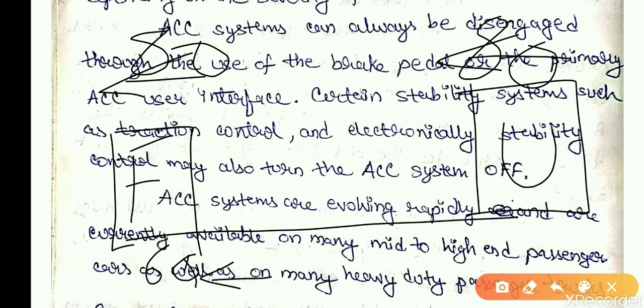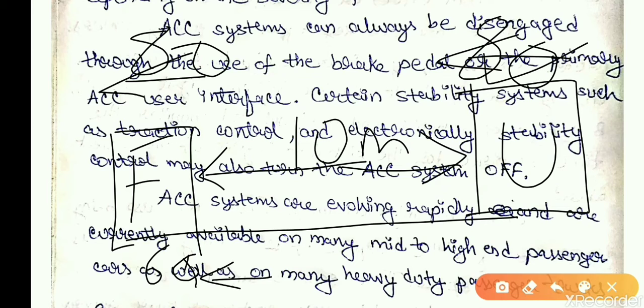In the previous condition there was a distance of, let's say, 10 meters between your vehicle and the vehicle in front of you. Now as this vehicle suddenly reduces its speed to 60 km per hour and again accelerates, your vehicle is maintaining a constant speed of 80 km per hour.